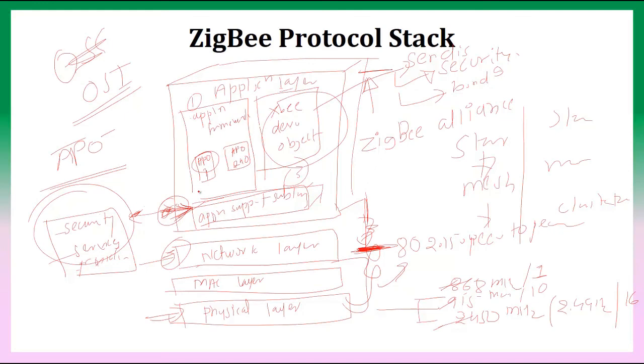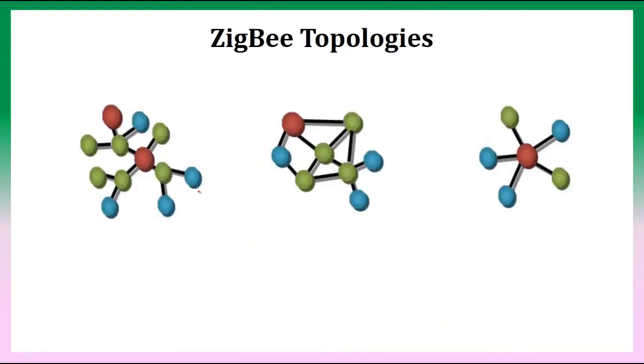All right, let's see the different topologies we have already seen. Even the protocol stack we have seen in detail. Let's see if you can find out what these topologies are.